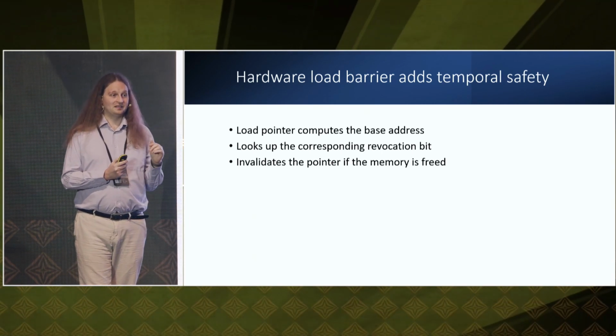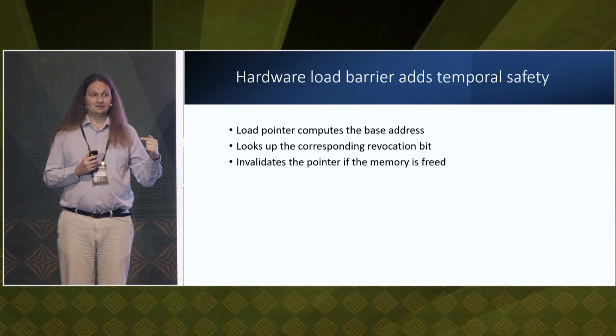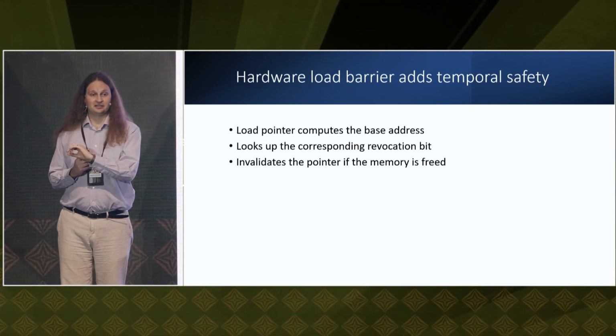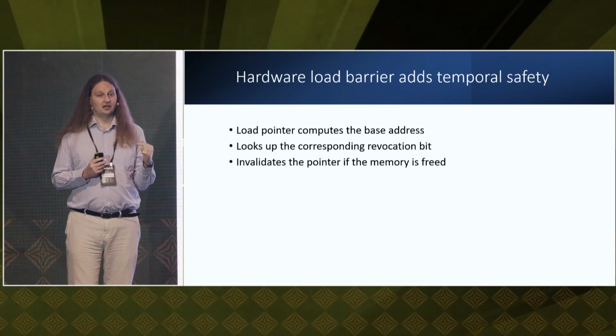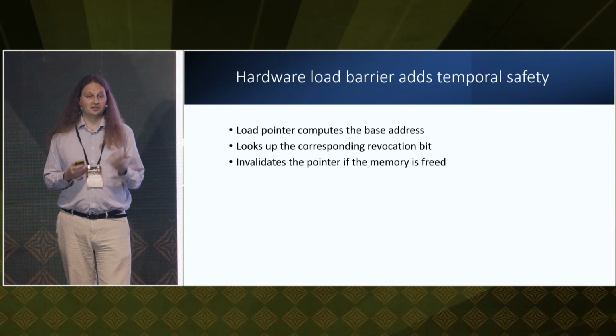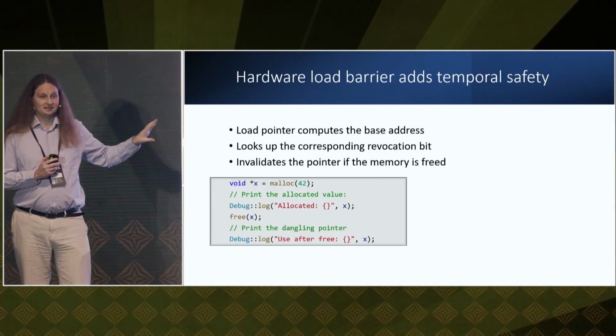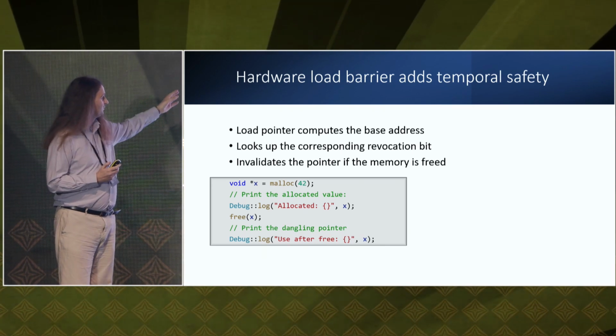If that base is within the range that's designated as usable by the heap, then the hardware will do an additional read to the shadow space, look up that bit in the bitmap, and if it's set to a 1, it invalidates the pointer. So this is a really simple degenerate example of a use after free.